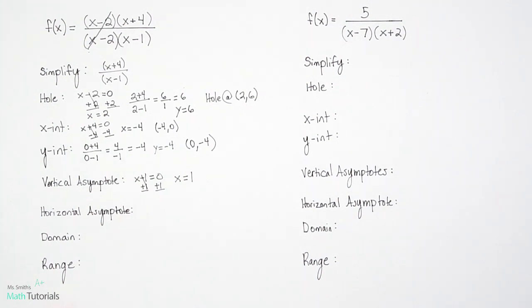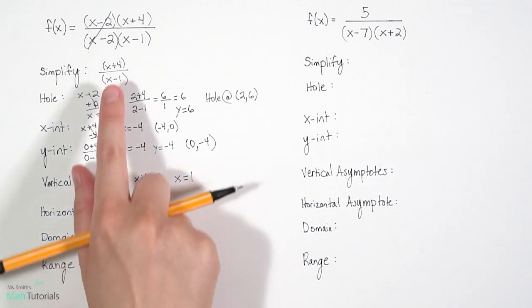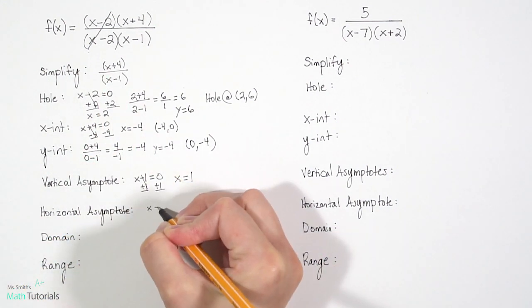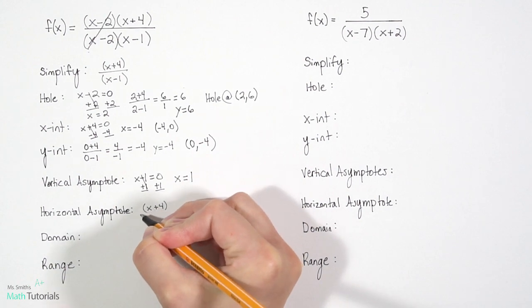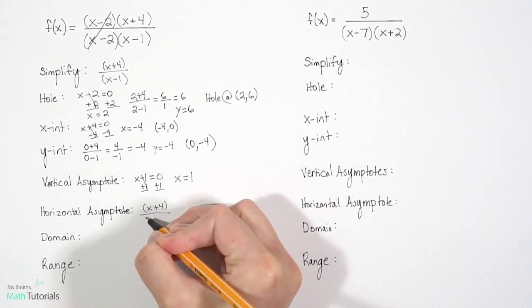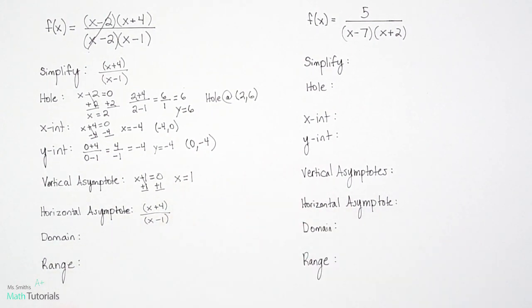To find our horizontal asymptote, remember that we compare the degree of the numerator to the degree of the denominator. So we take our simplified version, x plus 4 over x minus 1, and we figure out what's my highest exponent on the top and what's my highest exponent on the bottom. You might be thinking, well, I don't see any exponents.